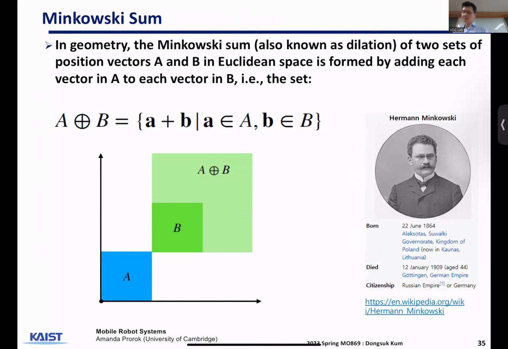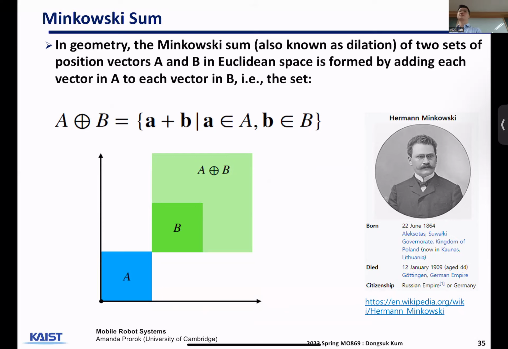This simply describes that when you have two objects, you can sort of sum those spaces and put that into the space.